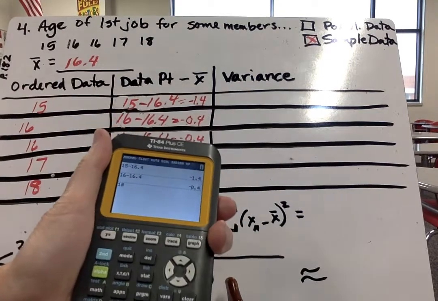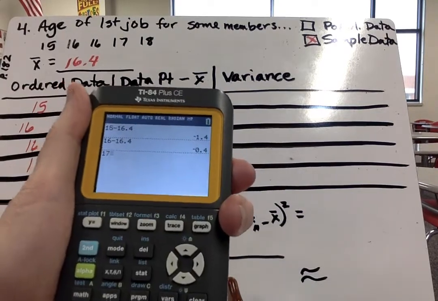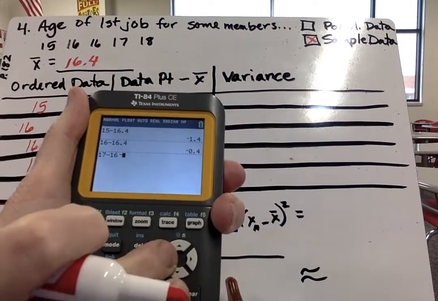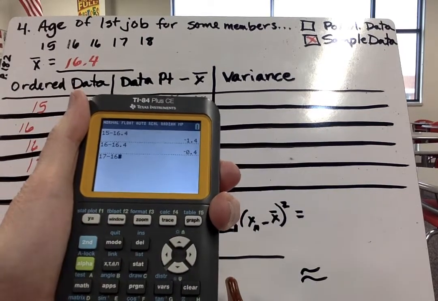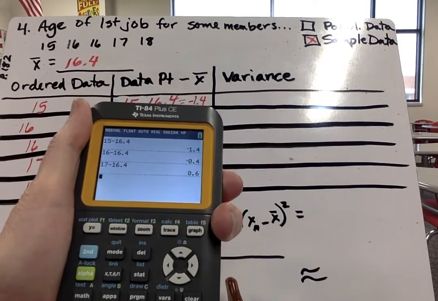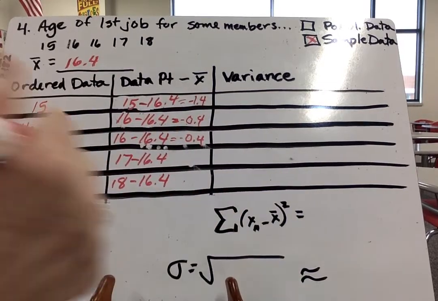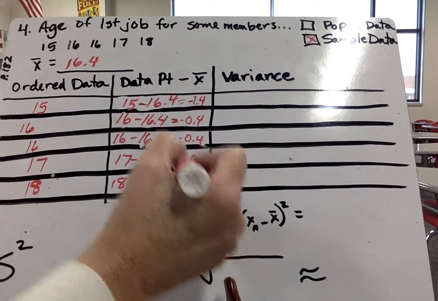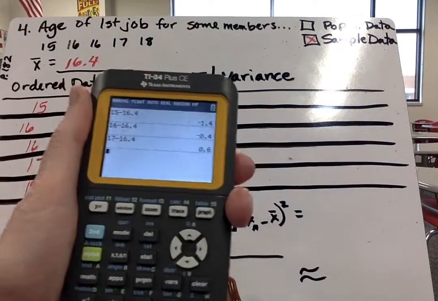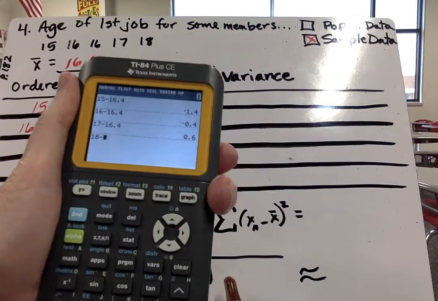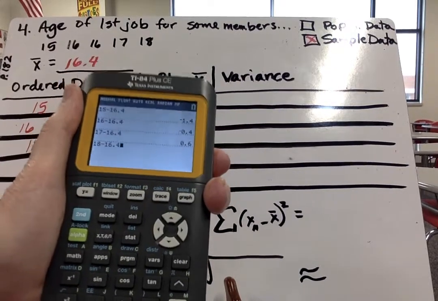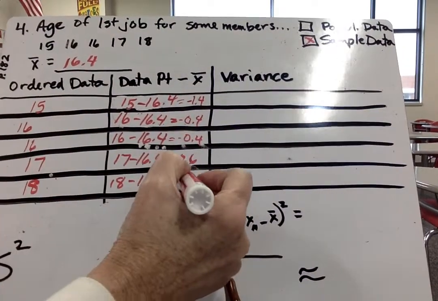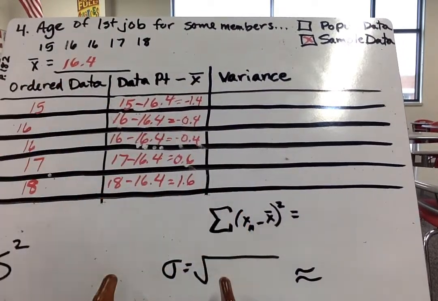Now we get 17 minus 16.4, which is 0.6. Then 18 minus 16.4 is 1.6. Now I have to square all those.